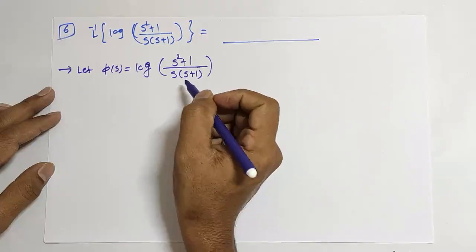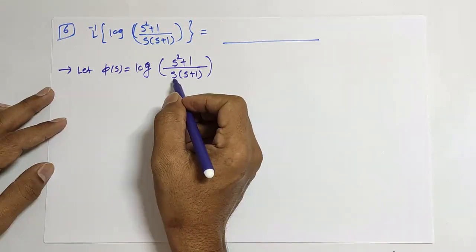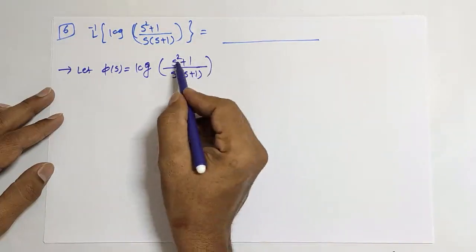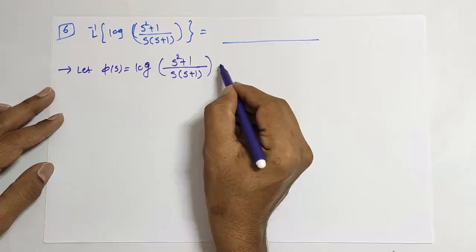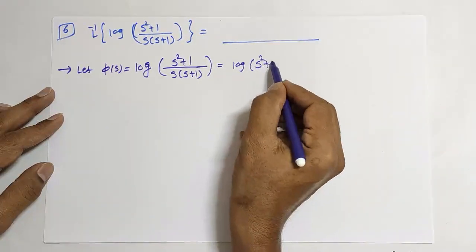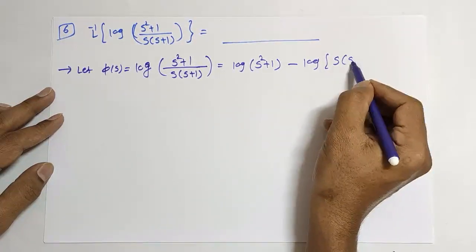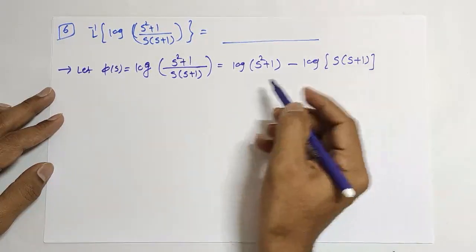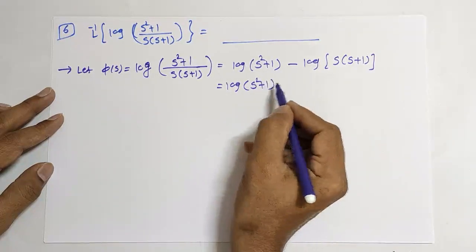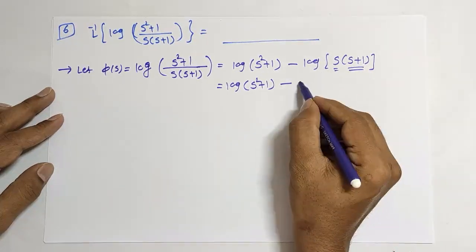As we have discussed, whenever you will see logarithm, we have to use properties of logarithm first. Okay, so log of m by n property use karo. This is equal to log of s square plus 1 minus log of s into s plus 1. यहाँ पे log of m into n का property use करो.